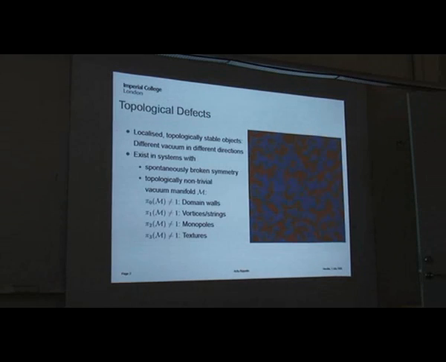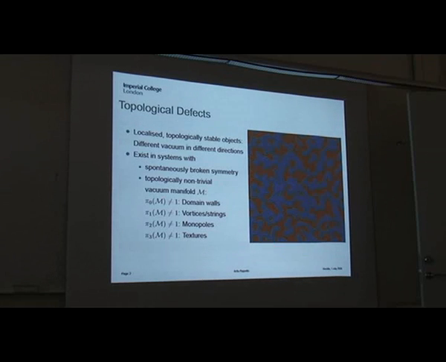Right, so a topological defect is basically an object in field theory which is localized and topologically stable, and they exist generally in systems with spontaneously broken symmetries when the vacuum manifold, the set of different possible vacua, is topologically non-trivial.